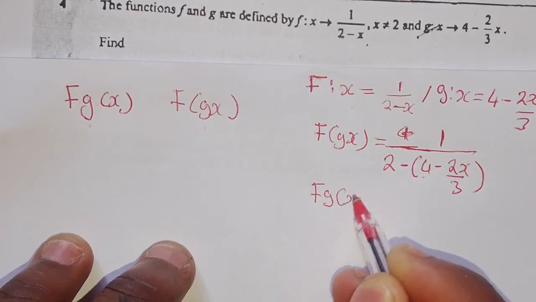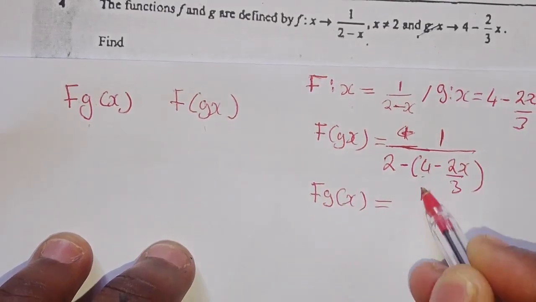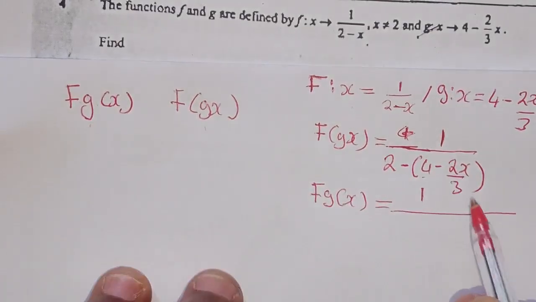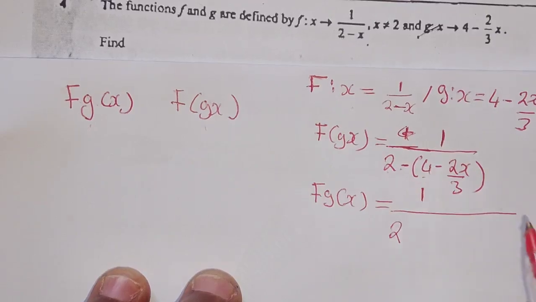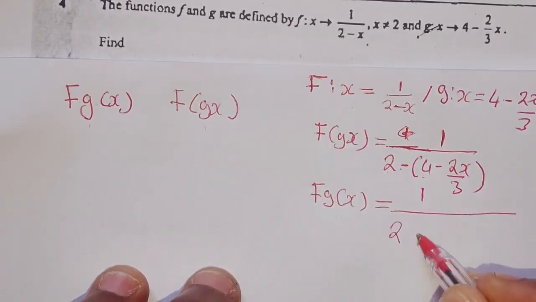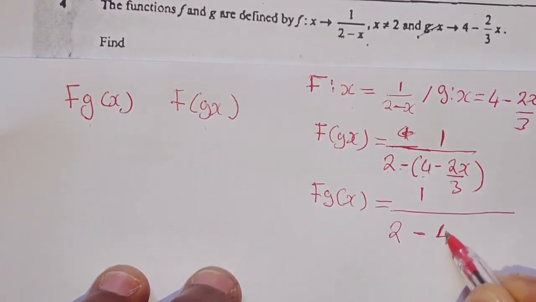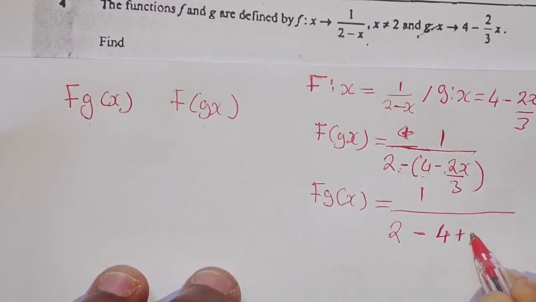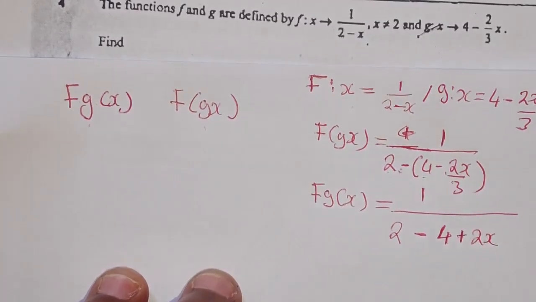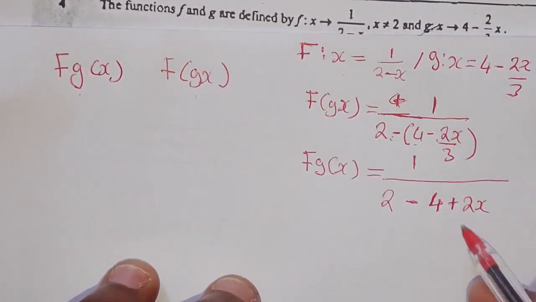Fg of x is equal to 1 over 2 minus 4, negative 4 multiplied by 4 gives us negative 4, and negative multiplied by negative gives a positive 2x over 3.